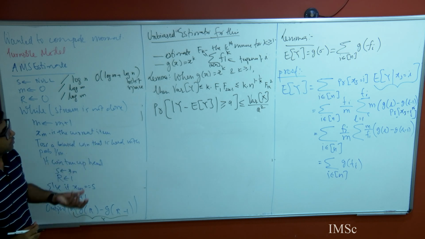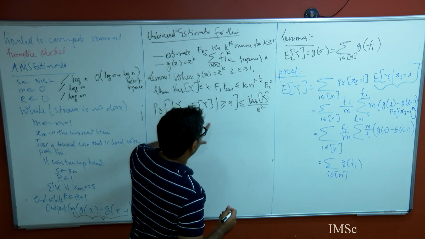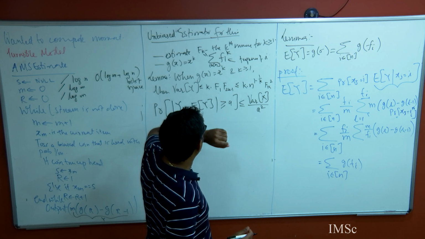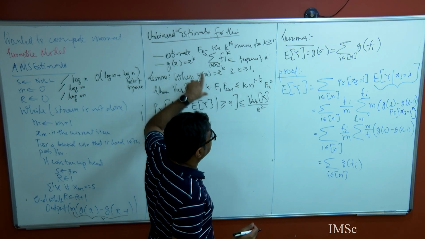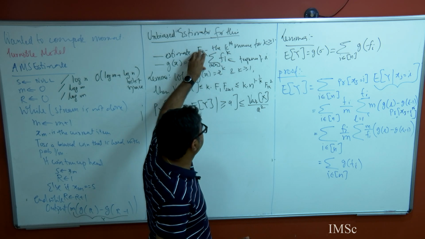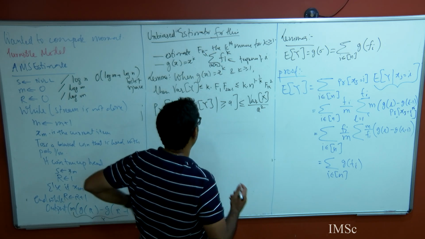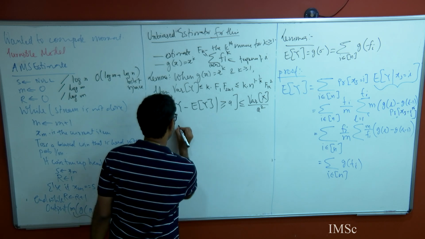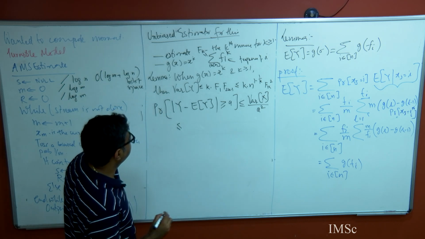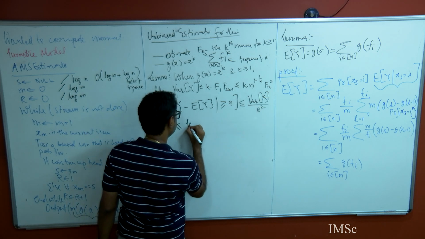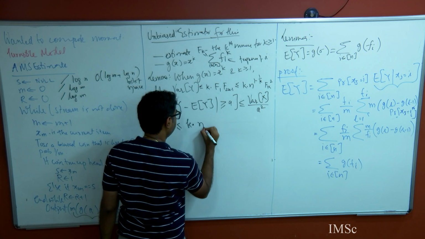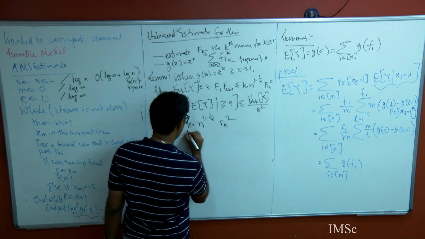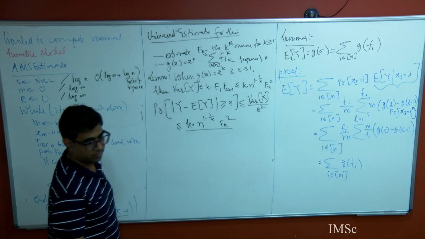So what is our variance here? We know what the expectation of Y is. In this setting, expectation of Y is going to be the summation of f_i to the power k. If I just apply this directly, this is going to be less than or equal to the variance, which is k times n^(1-1/k) f_k squared, divided by A squared.